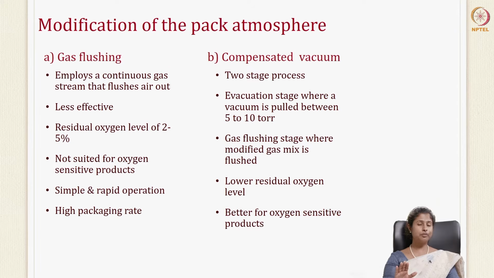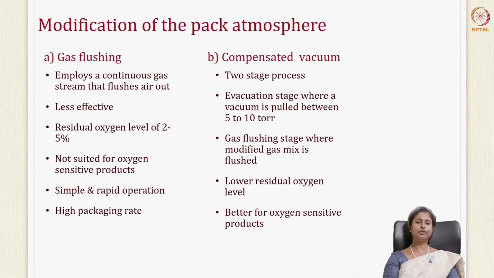This is not suitable for oxygen sensitive products. Those products which are highly susceptible to oxidation do not go for gas flushing, because you cannot completely eliminate the oxygen by just gas flushing. But it is a simple and rapid operation and can be used for products which are not really oxygen sensitive, and it has a high packaging rate.